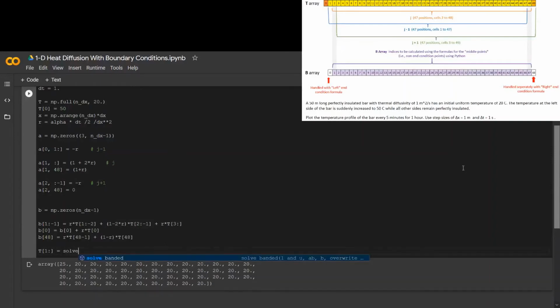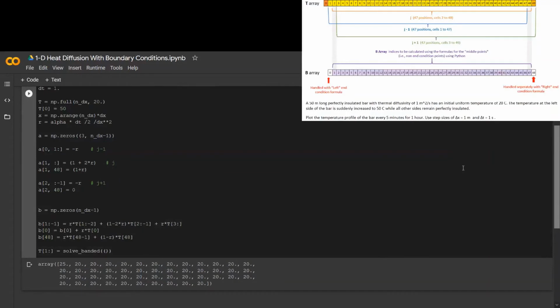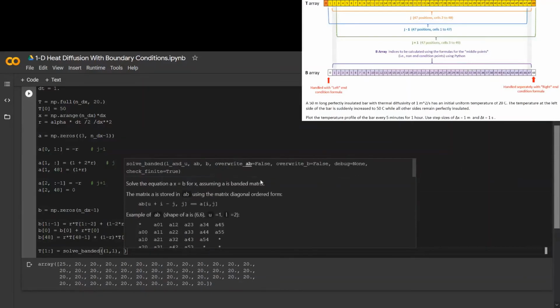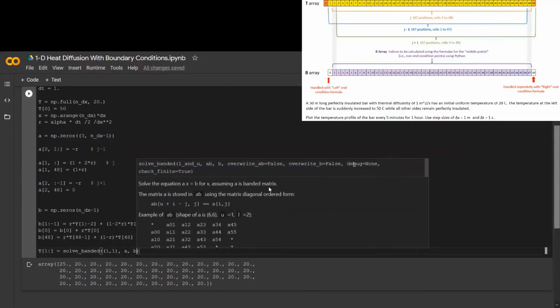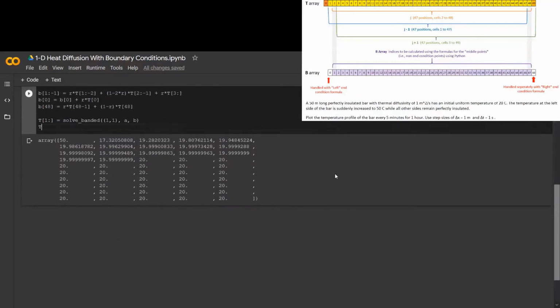And let's do our solve banded. In our case, we have one above and one below the diagonal, right? So we have that, and then our AB is A, and then we have B. Okay, let's see what T looks like.